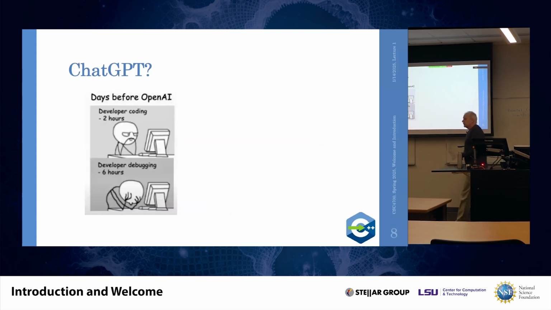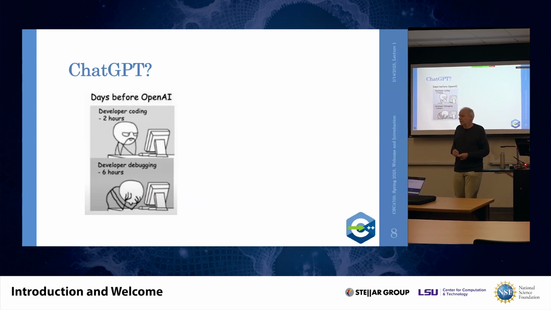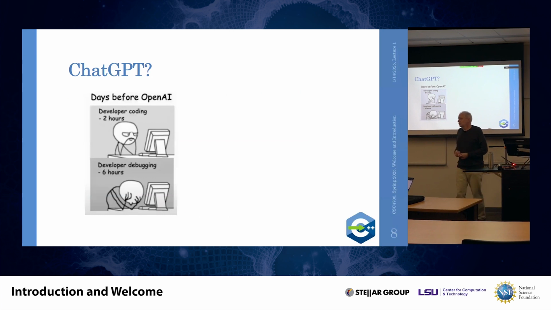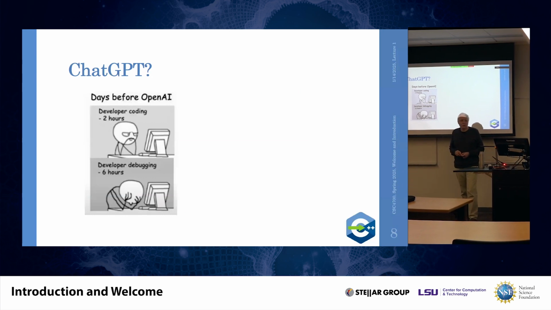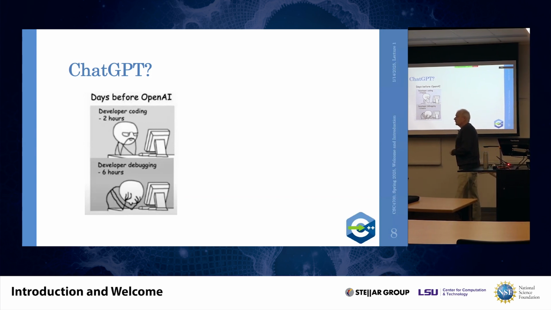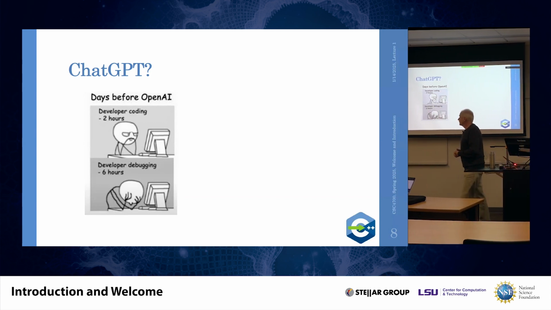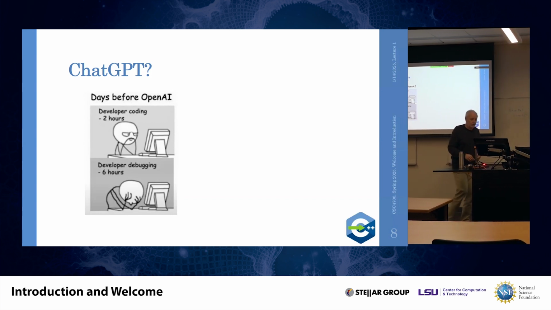A word about ChatGPT. In my experience in these programming classes, there are many students who try to solve their assignments using ChatGPT without even thinking about them, because they believe what ChatGPT does gives them the answer. From my experience, before ChatGPT, when you were working on a problem for 2 hours and you were debugging it for 6 hours, then you were able to solve it.